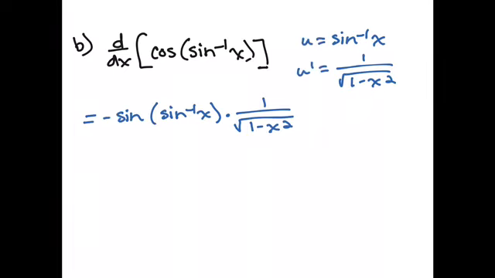Sine and sine inverse are inverse functions, and when you do a composition of inverse functions, the result is you just get the argument. So we're going to get negative x over the square root of 1 minus x squared for this problem.